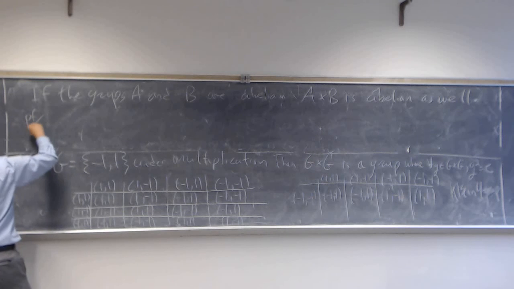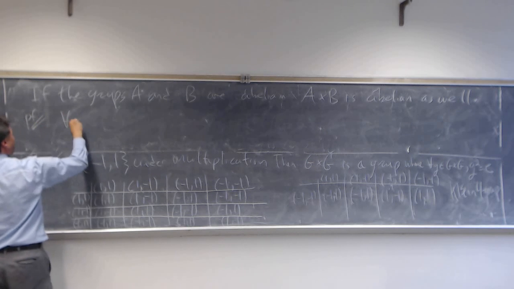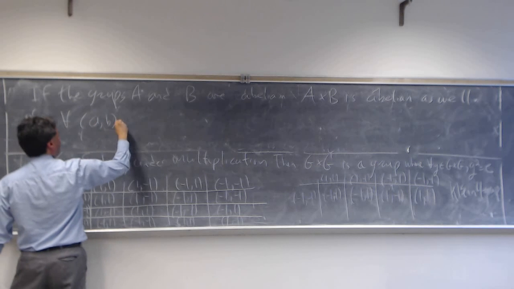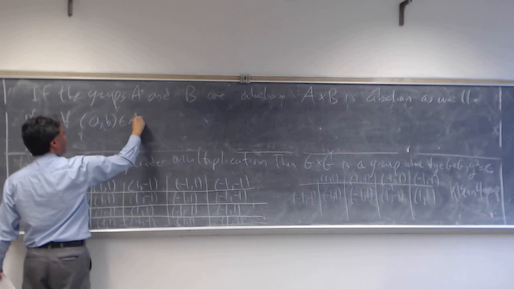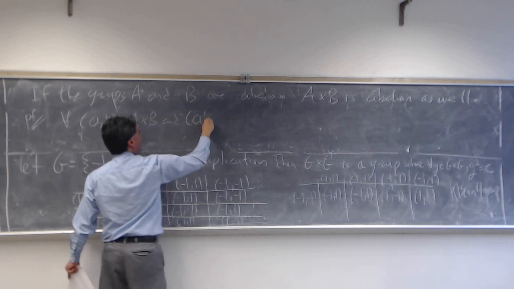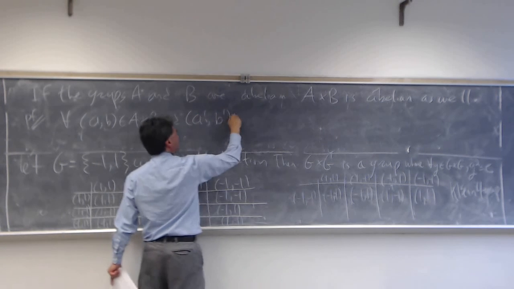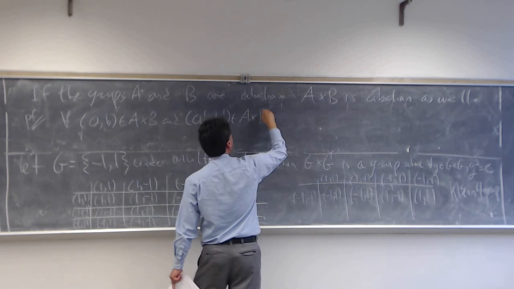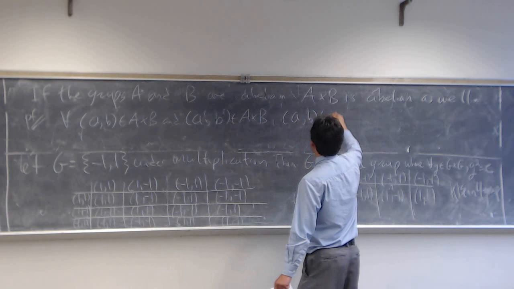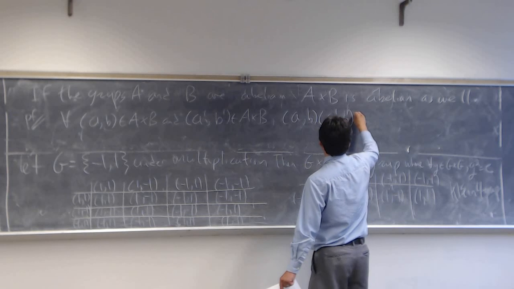And the proof of that is pretty simple. We've already proven it's a group, so suppose we have, for all (a, b) in A cross B and (a', b') in A cross B, you can see what's going to happen, right? (a, b) times (a', b').